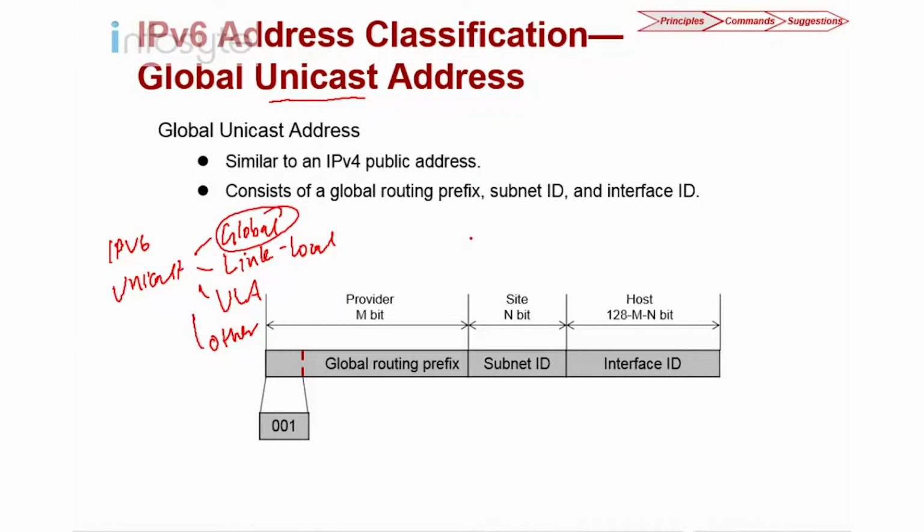Similar to IPv4, as you can see, the entire IPv6 address has 128 bits. We have the number of bits for the provider and the number of bits for the site. Think about that: this part is where you can do the summarization, and this is your global routing prefix. Those three bits starting with 001 are considered a global unicast address.